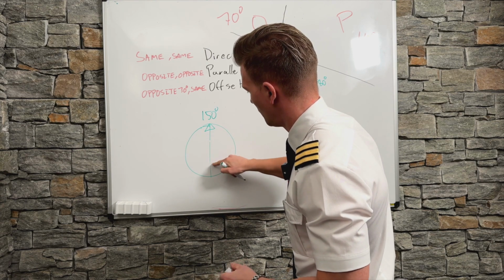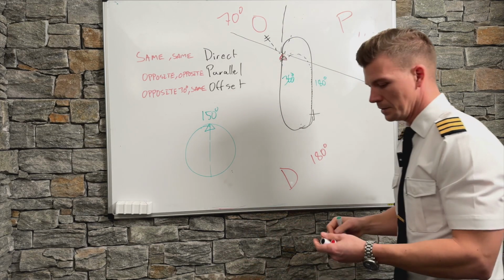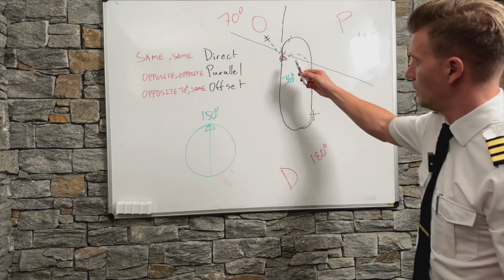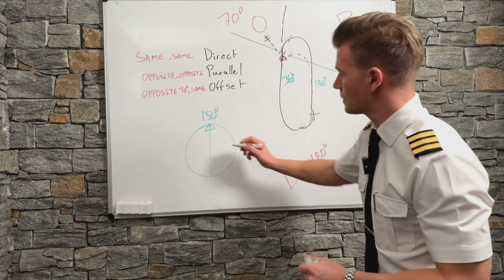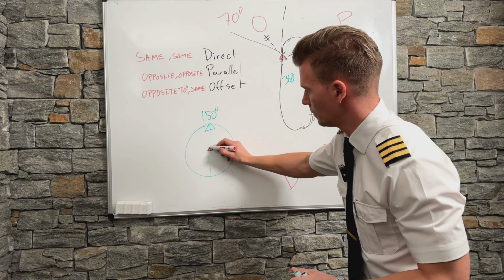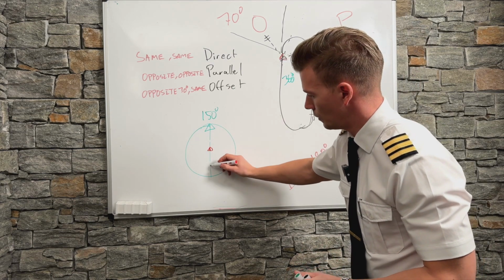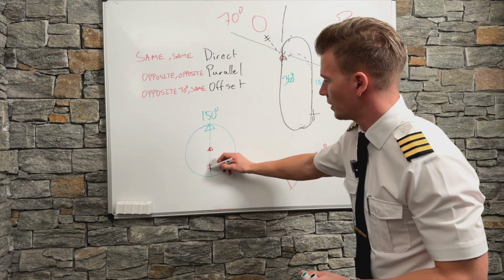Of course, with the CDI centered, flying towards the fix. Again, same. The little airplane in the middle is the fix. That is the holding fix. And we are coming from here.